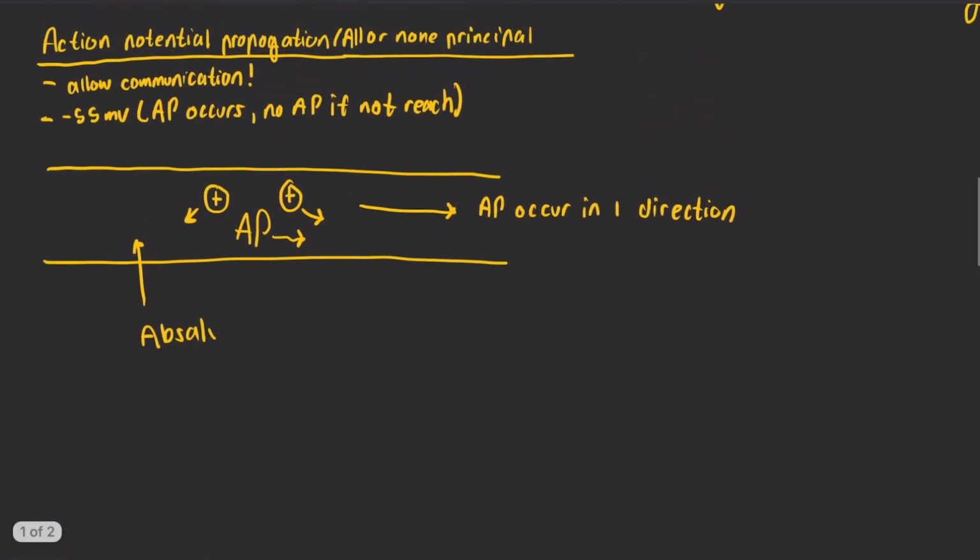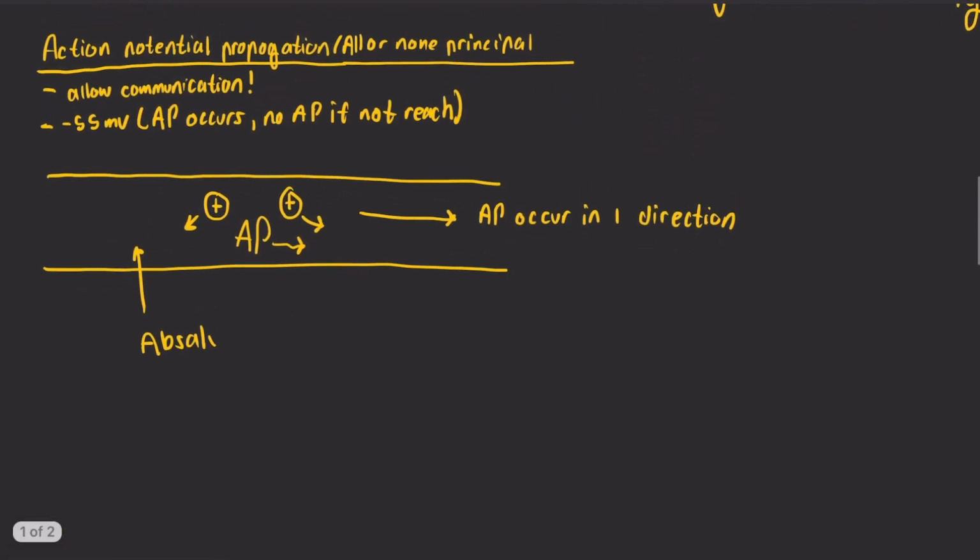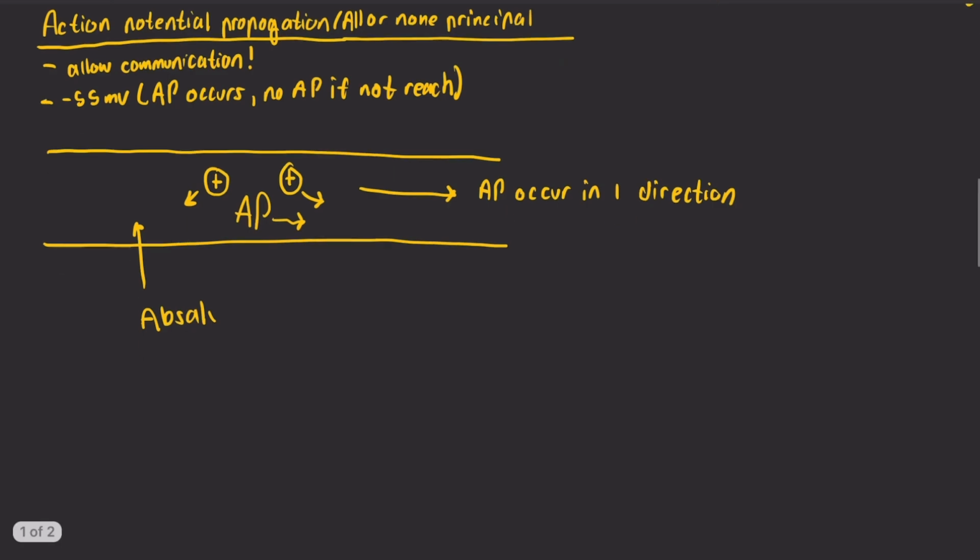We've also looked at other important information of how these action potentials work, on why they only go in one direction, not in two, and how charges actually go in both ways.